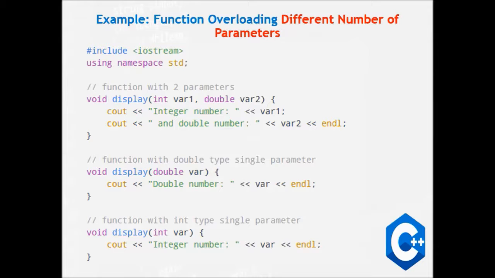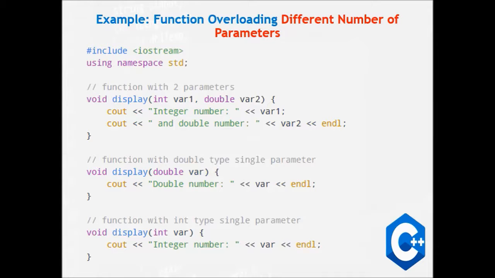Then we close the body of the function and we declare another function with the same name, but this time the parameter is only one, and that one parameter is double var. In the body of this function we want to display the value of var and then we close our function.